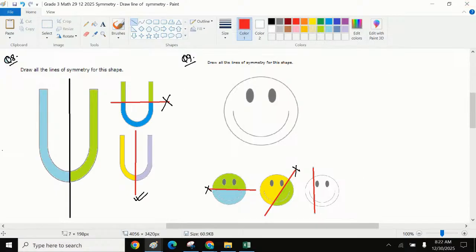What we need to remember is the line of symmetry has to pass through the center of the shape. Thank you. It cannot be because it's not through the center. But if we change the position of this and bring it to the center, now we can say that the shape on the left hand side is exactly the same as the shape on the right side.